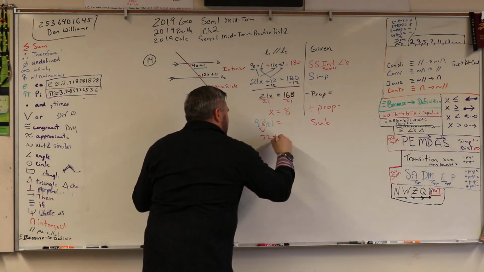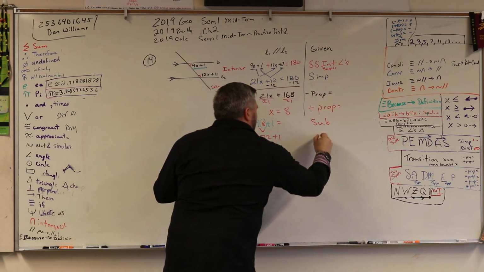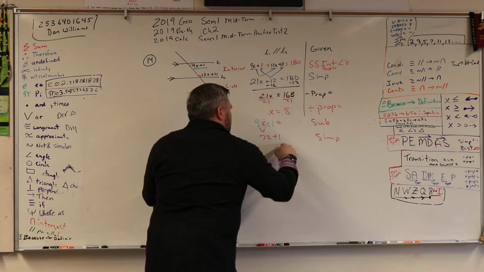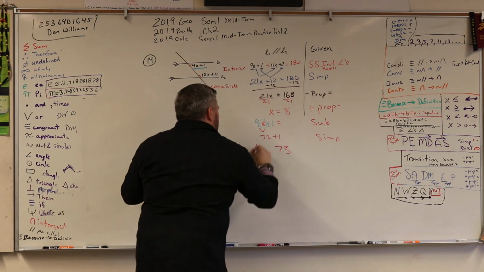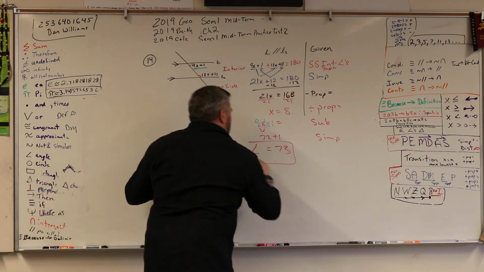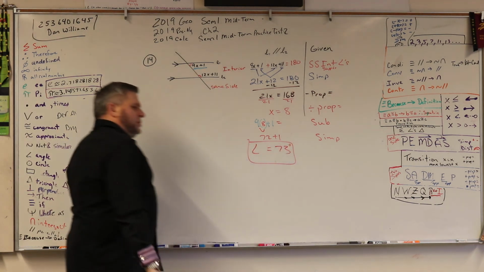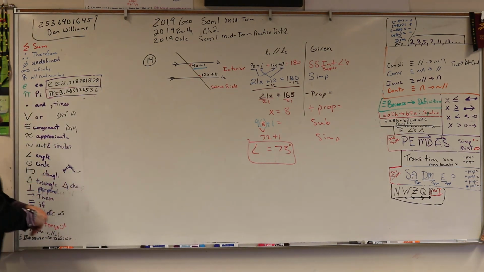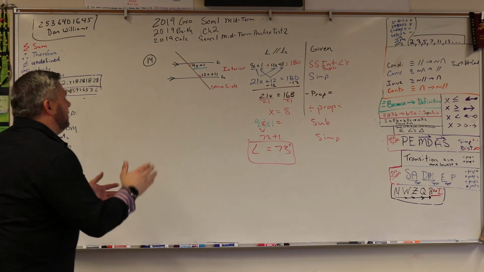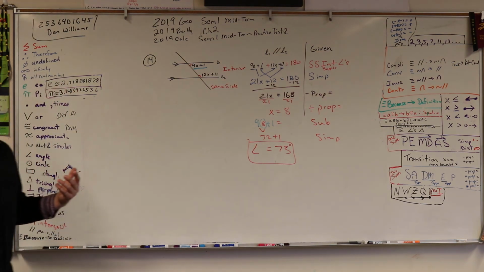Plus 1, so we're just simplifying. So we got 73. So the angle we're looking for is 73 what? Degrees. Don't forget your degree symbol. And that's it.